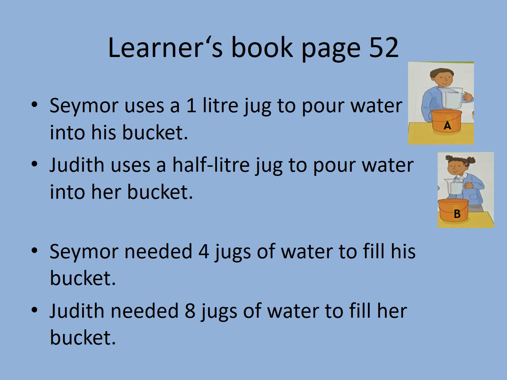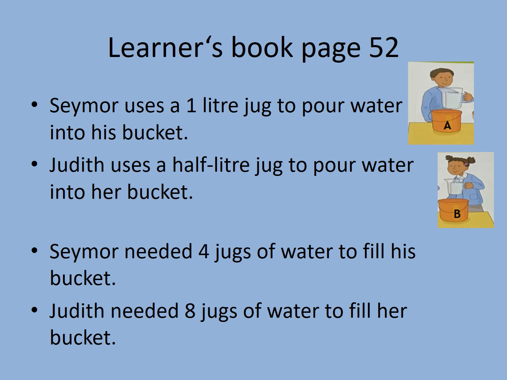Okay, open your learner's books to page 52. Learner's books, page 52. Are you there? Now let's read together. Simo uses a 1 liter jug to pour water into his bucket. Judith uses a half liter jug to pour water into her bucket.